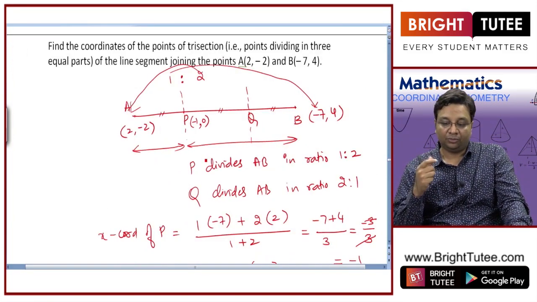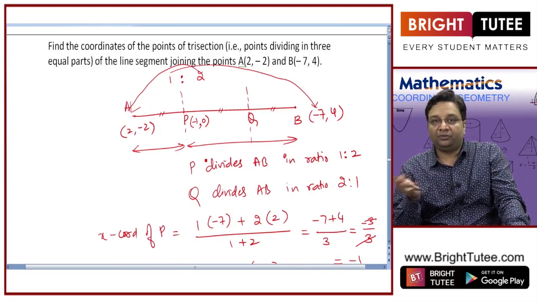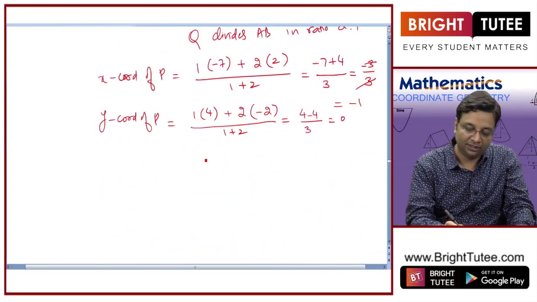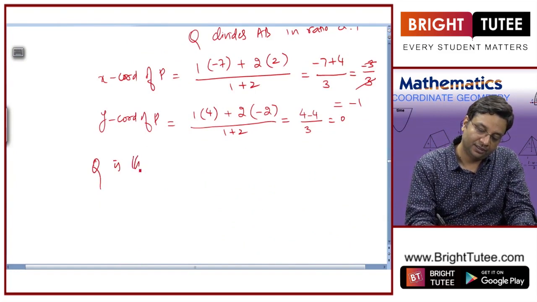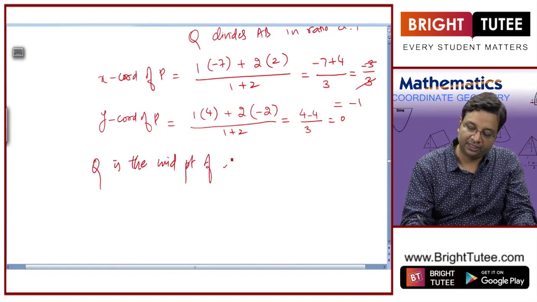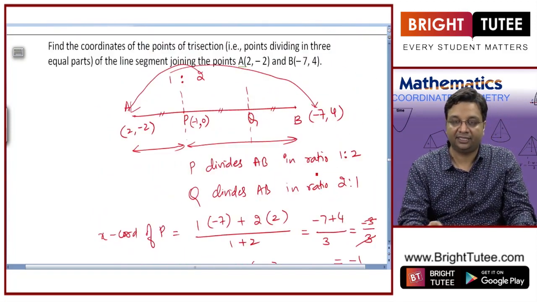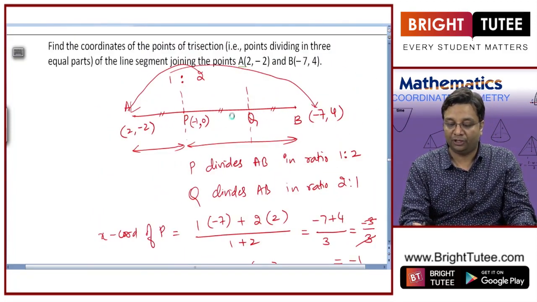Now if you can observe, Q is the midpoint of line segment PB. Q is just the midpoint of line segment PB, right? Because this is a trisection, so all these sections are equal. So Q will be the midpoint of PB.